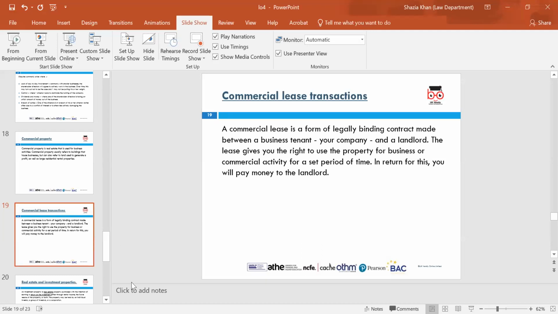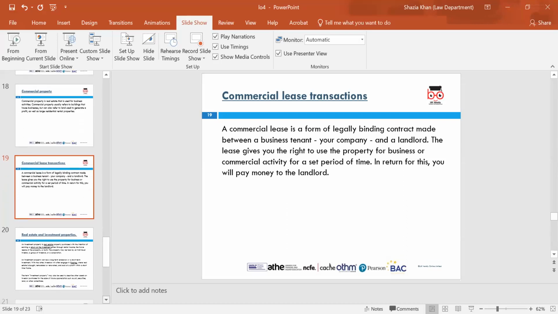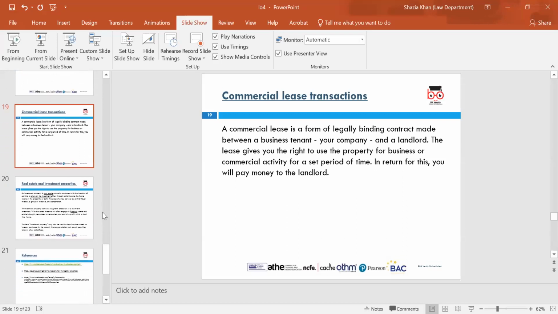Is a commercial lease different to a residential lease? Yes, definitely. The amount of electricity and water services and all the other services are different as well. But why is it important to have a different lease for commercial and residential? Their usage is different, basically.